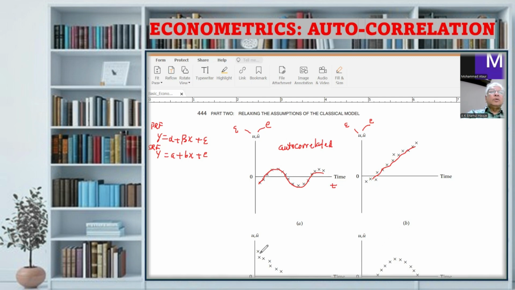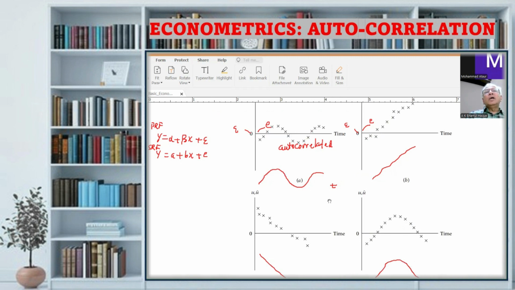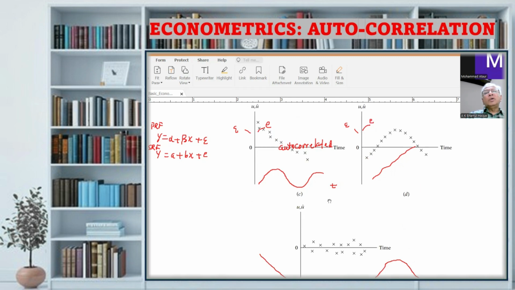This is also true, autocorrelated. This is also true, autocorrelated. So you see, autocorrelation can be observed right from your data.